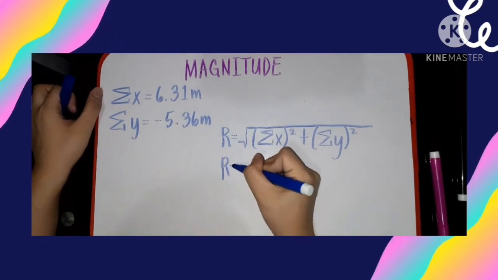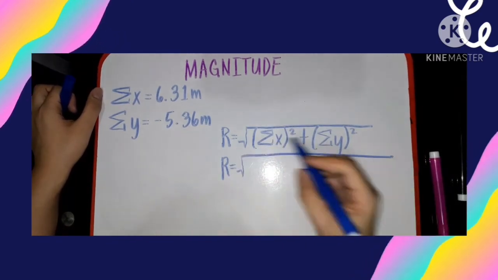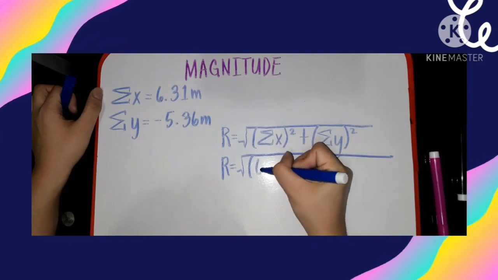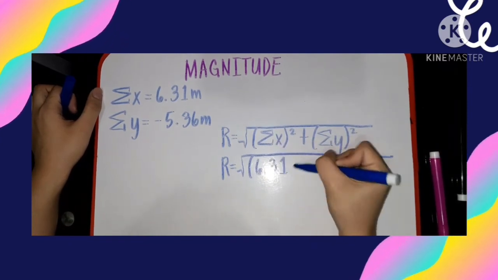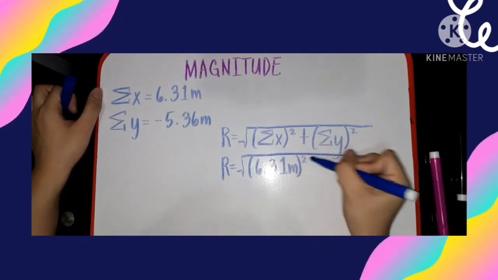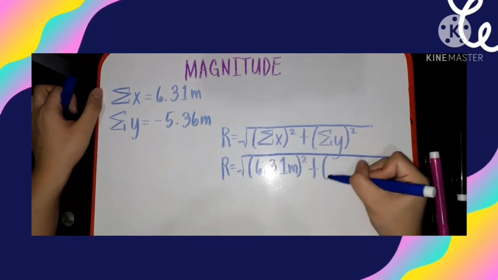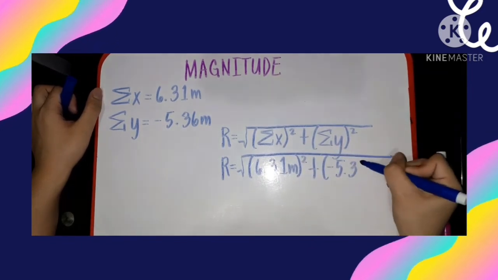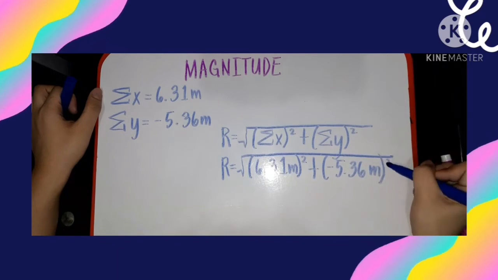Resultant vector is equal to the square root of 6.31 meters squared plus negative 5.36 meters squared.